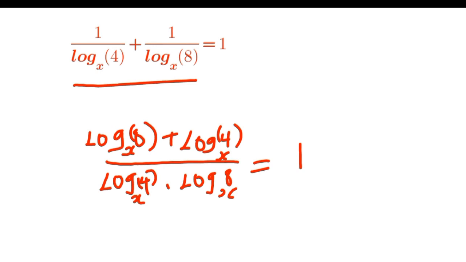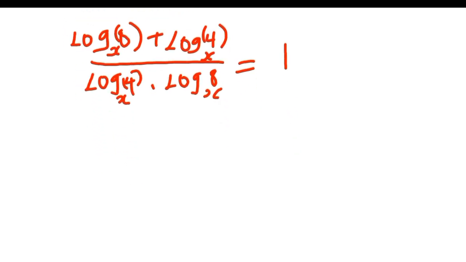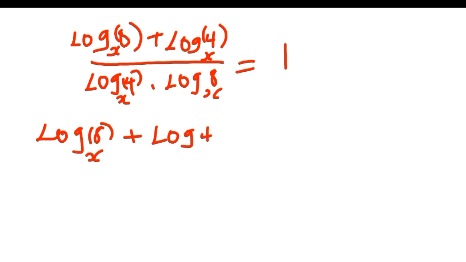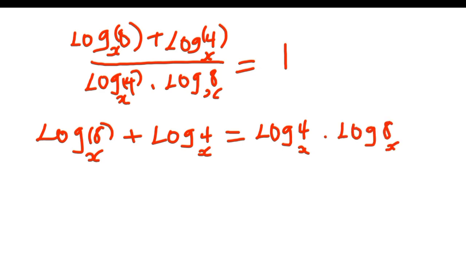Now, the next step we're going to take here is to cross multiply. So when we cross multiply, we have log 8 base x plus log 4 base x is equal to log 4 base x multiplied by log 8 base x.